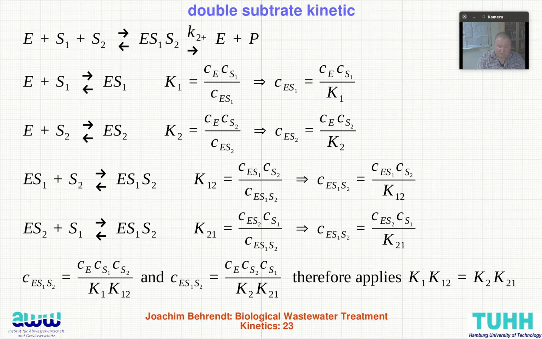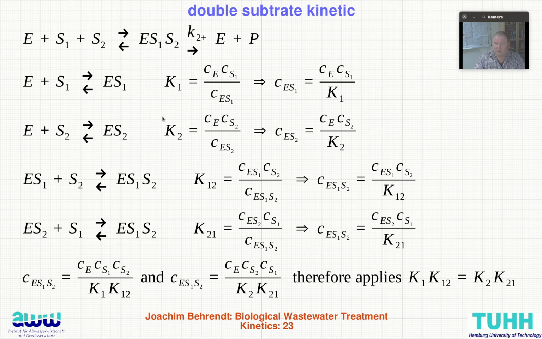Sometimes we don't have only one substrate that is transferred. We have 2 substrates that are brought together. In the introductory illustration of the enzyme, there was a reaction of 2 substrates with one enzyme. Typical is the reaction with oxygen. Finally the substrate is oxidized, and there we need a substrate and oxygen.